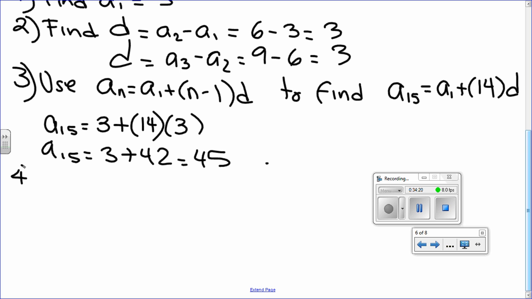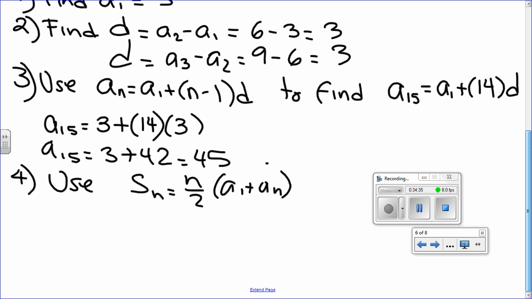Okay, number 4, you're going to use the formula S sub n is n over 2 times the first term plus the last term. Do we have the first term? Yes. Do we have the last term? Yes. That's all we need. And how many are we adding? The first 15. So that will be 15 over 2 times a sub 1 was 3, and then a sub n, the 15th term, was 45.